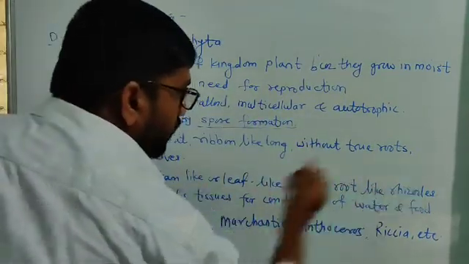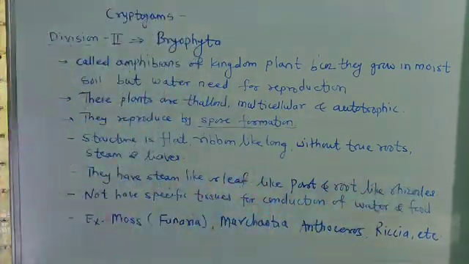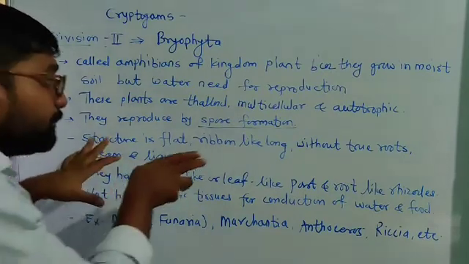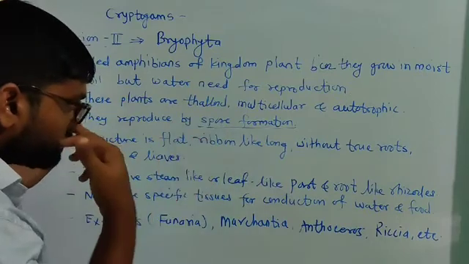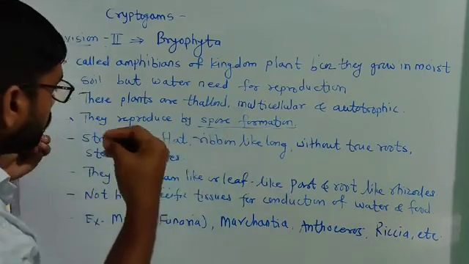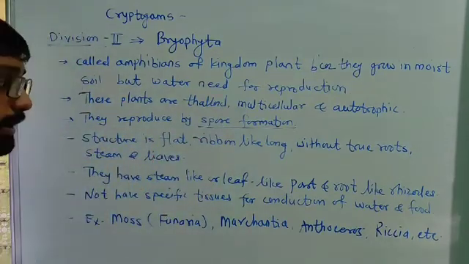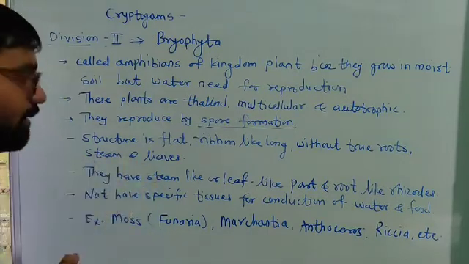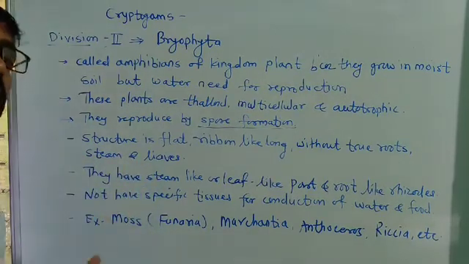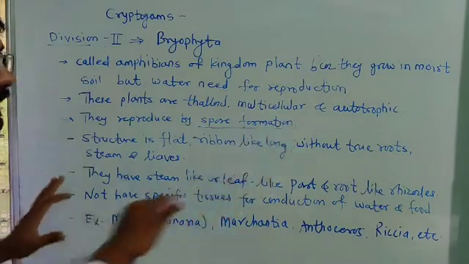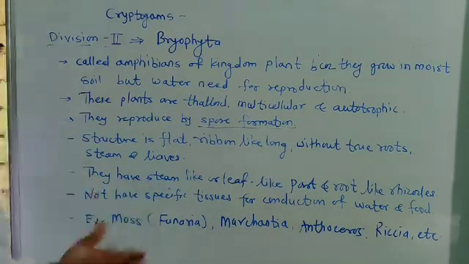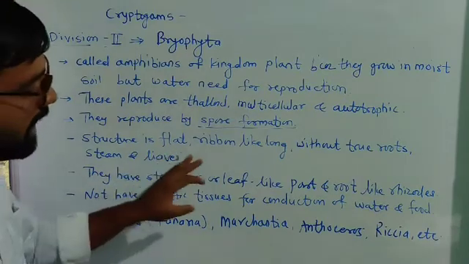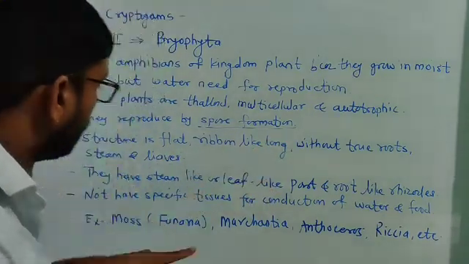Root-like parts are called rhizomes. So in their body diagrams, true leaf, true stem and true roots are absent. But the stem-like, root-like or leaf-like parts present on their body are actually not true, just like them.